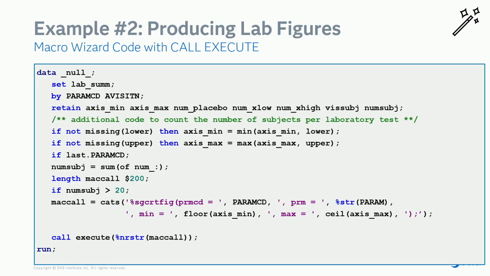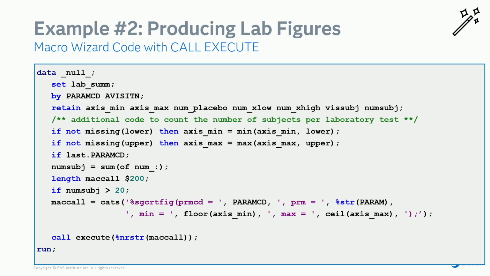Now there's a comment there. I've suppressed some of the code because there's too much code to fit on one slide, so there's some bookkeeping code I'm not showing you. But what this is doing is going through every record in the lab data set. We're accumulating a minimum and maximum value to use for our y-axis range.